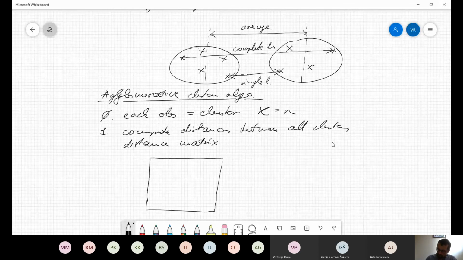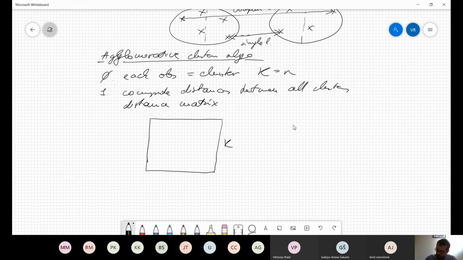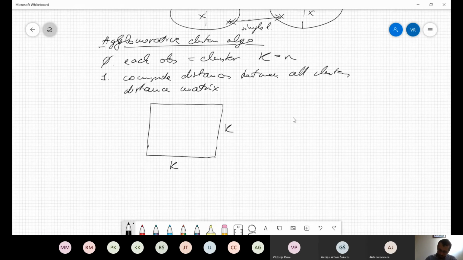This is a square matrix where we have k here, and k here, the number of clusters. In the diagonal we have zeros because this is the distance to itself, and this is a symmetric matrix, so we have distances here, the distance between 1 and 2 and so on.